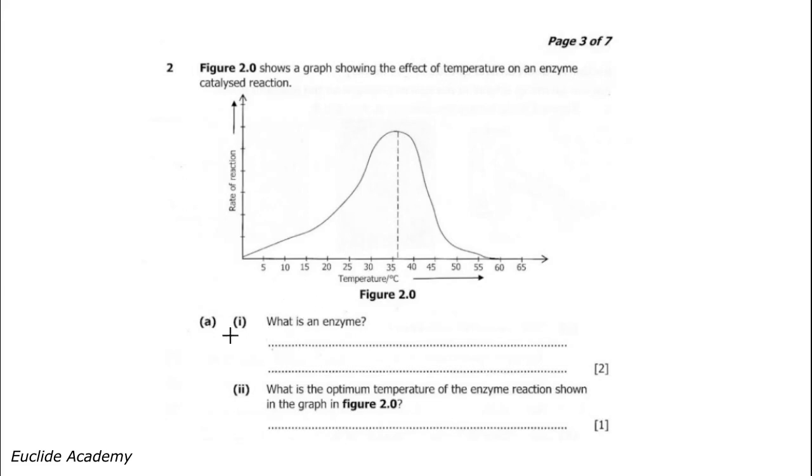Okay, so the question now is, what is an enzyme? An enzyme is a biological catalyst that speeds up the rate of... Well, we can say the biological catalyst made of proteins. Since it's 2 marks, maybe you have to give more to get the 2 marks.